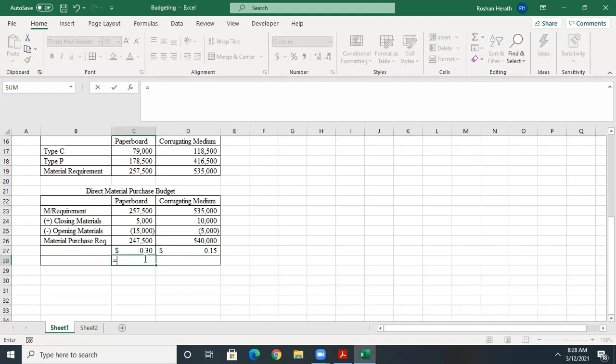So consequently, you can simply get the underlying cost as well. Material purchase cost.